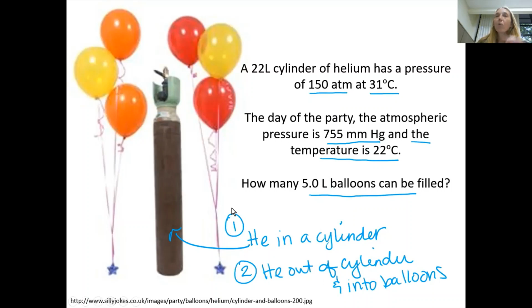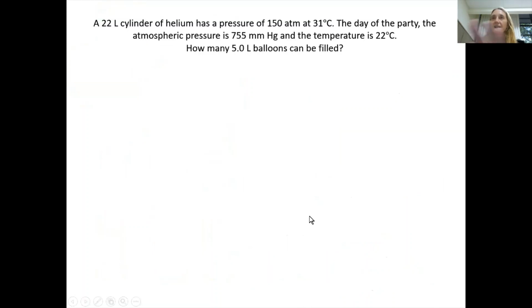What I do with this is I make two tables. I have the question up here, and I have helium in my cylinder, and I have helium out of the cylinder.